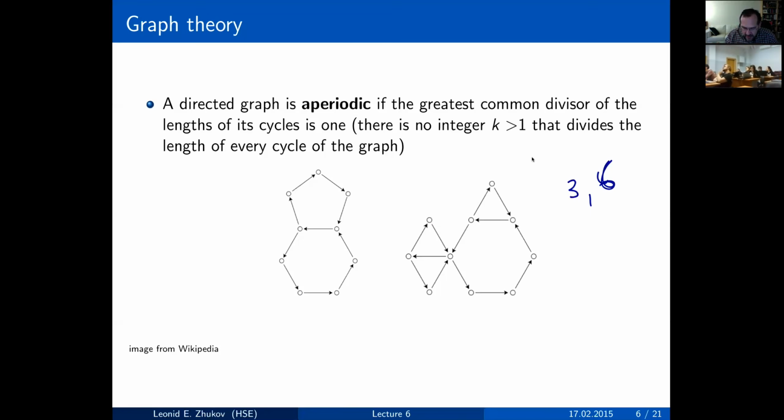So it's going to be, for example, 1, 2, 3, 4, right? So I can make this connection, and this way I introduced a new cycle of size 4. Now my cycles are 3, 6, and 4, and the greatest common divisor is 1. So this graph will become aperiodic.